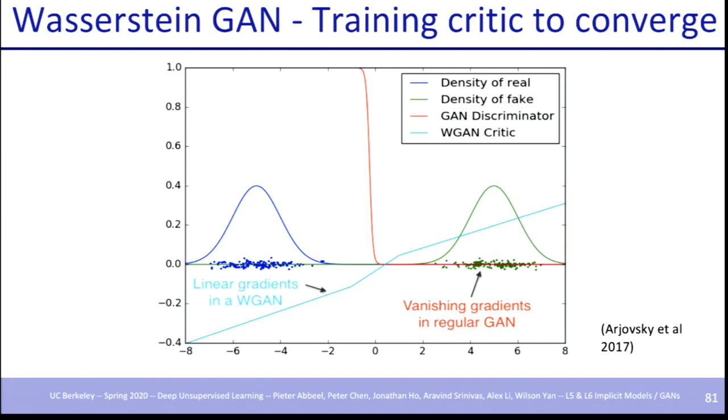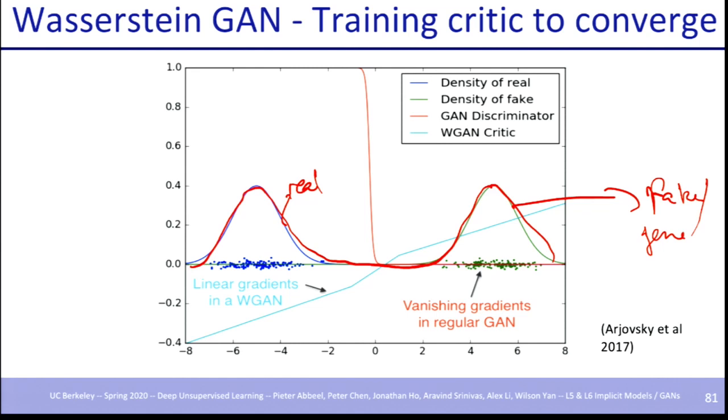So one thing about a classifier, which Pieter talked about, is the saturating problem. If you have a classifier, and I guess the blue is real, and this is fake, or the generated, and these are the distributions. It's all 1D. Now this is the discriminator, and it's clearly classifying the real from the fake.